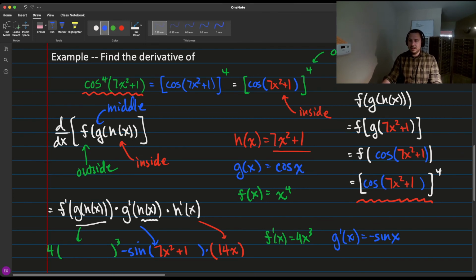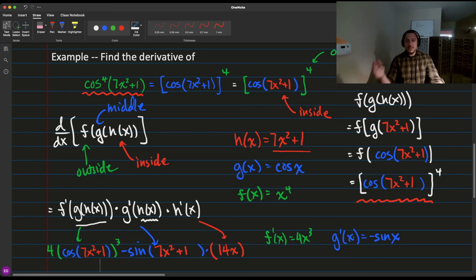That's going to be the cosine of 7x squared plus 1. Notice anything that has to do with h, I color-coded in red. Anything that has to do with g, I color-coded in blue. Anything that has to do with f, I color-coded in green. Regardless of whether it was f, g, or h, or f prime, g prime, or h prime.